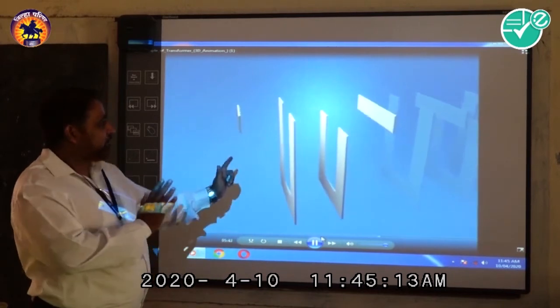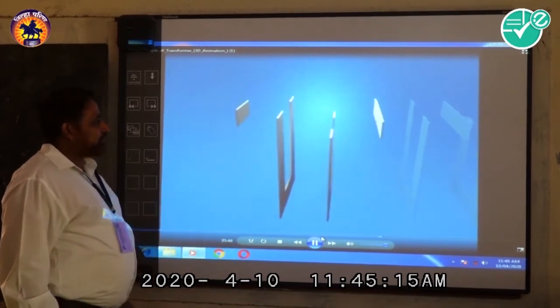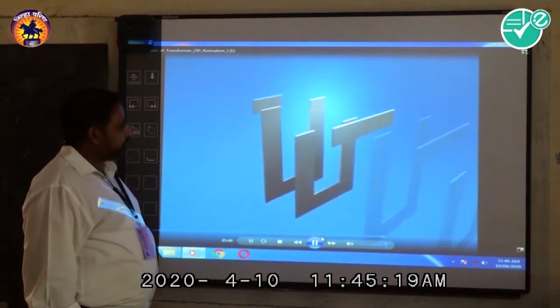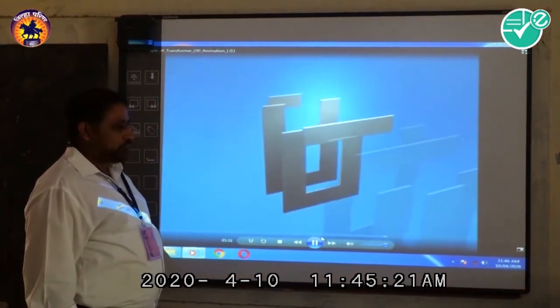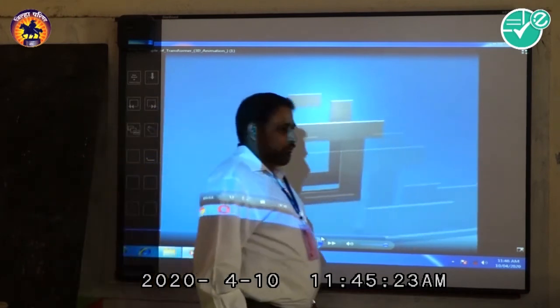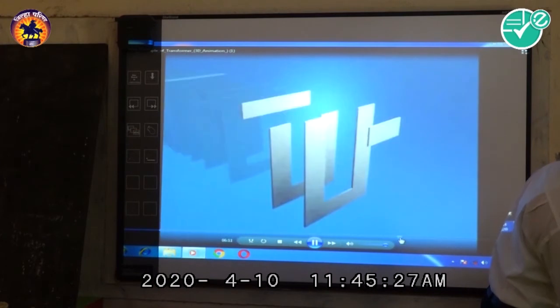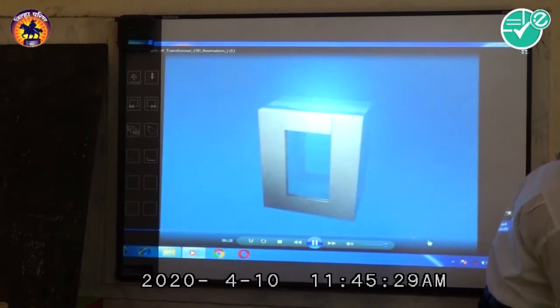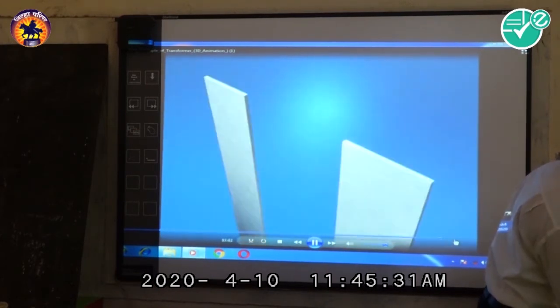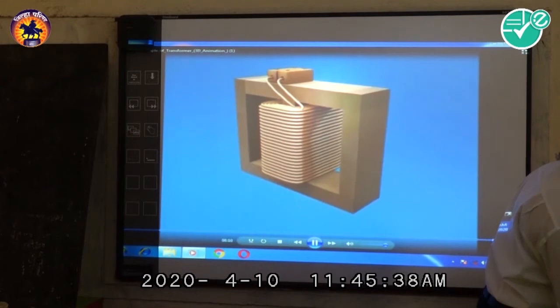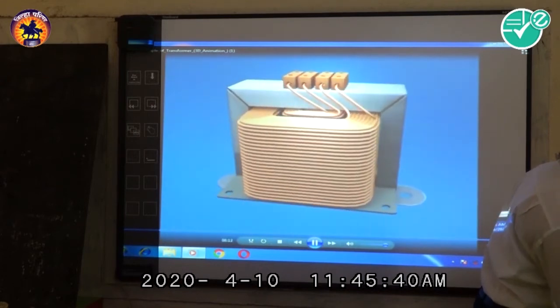See, in the 3D you are going to observe the iron core of the transformer. And you go ahead and see, so this is about the transformer, step up and step down.